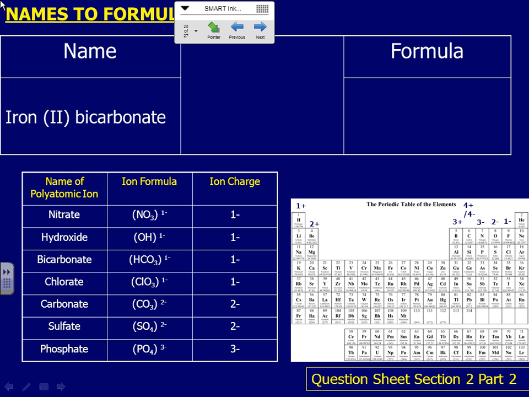Remember, the 2 tells you what charge it is. You don't even need to go to the periodic table unless you need to find the symbol for iron. But it tells you what charge to use. I'm not going to write it down. I'm going to have you guys just tell me what the formula is. And if you want me to put brackets, just say brackets.